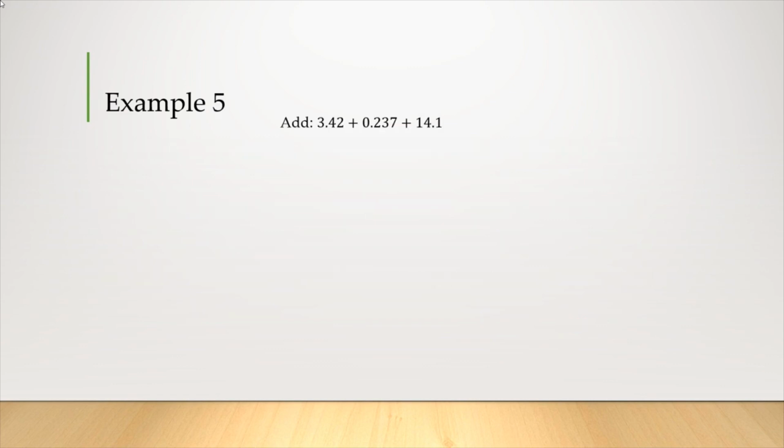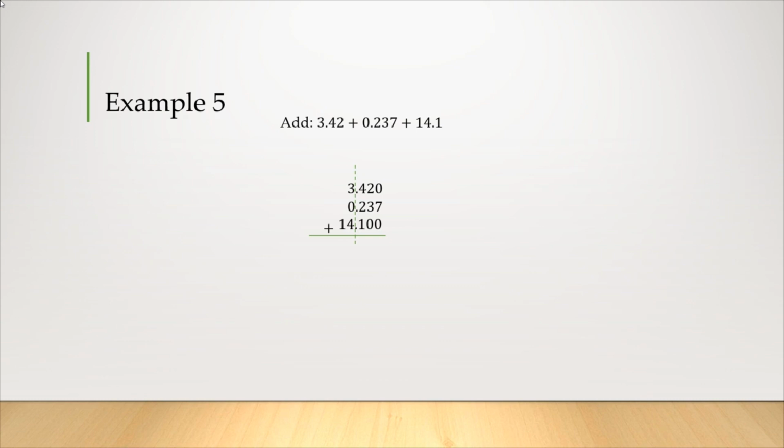All right, so what do you do when you're adding decimals? Well, when you're adding or subtracting decimals, it's better to write it vertically. Now, the other thing is you have to make sure that the decimal lines up. And on top of that, put zeros as placeholders.